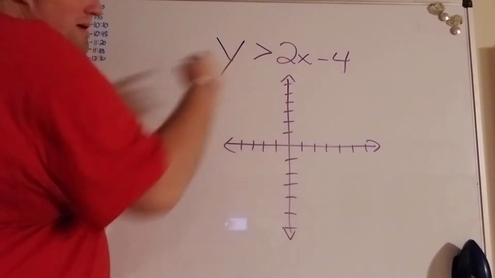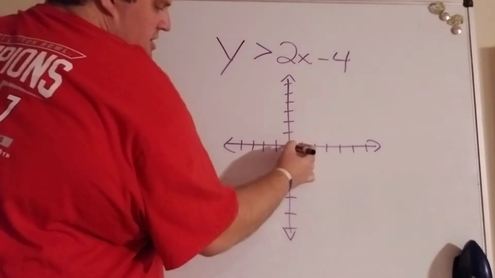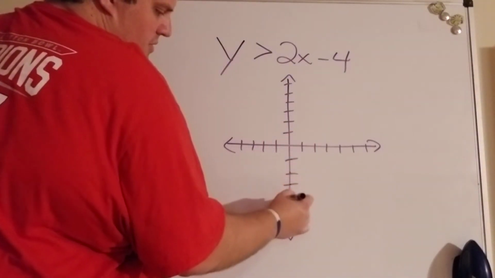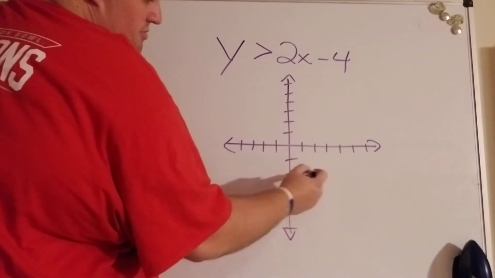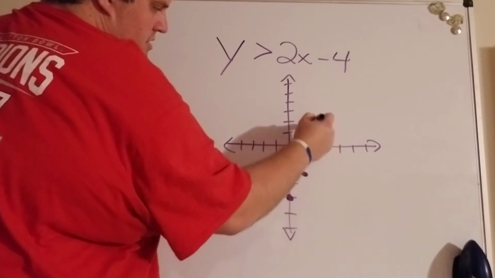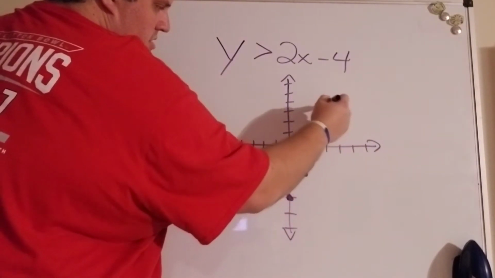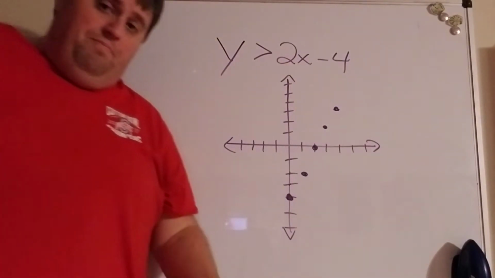The 2 is still my slope. The negative 4 is still my y-intercept. So I'm going to go down here 1, 2, 3, 4, put a point. And then my slope's 2, so it's going to rise 2, run 1, rise 2, run 1. All right, so you get a good idea.